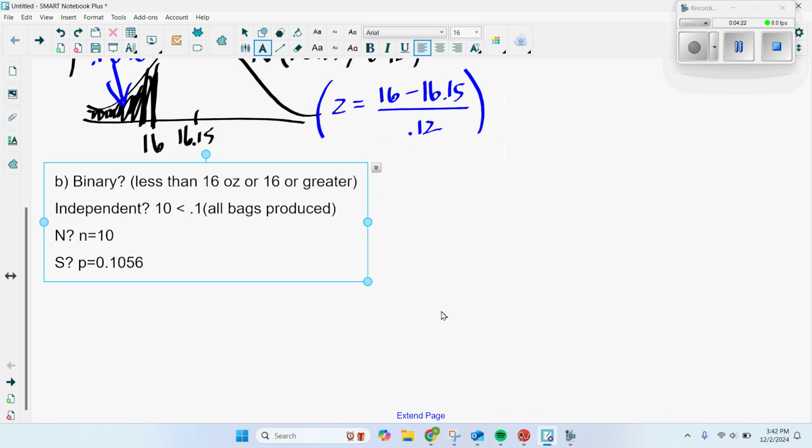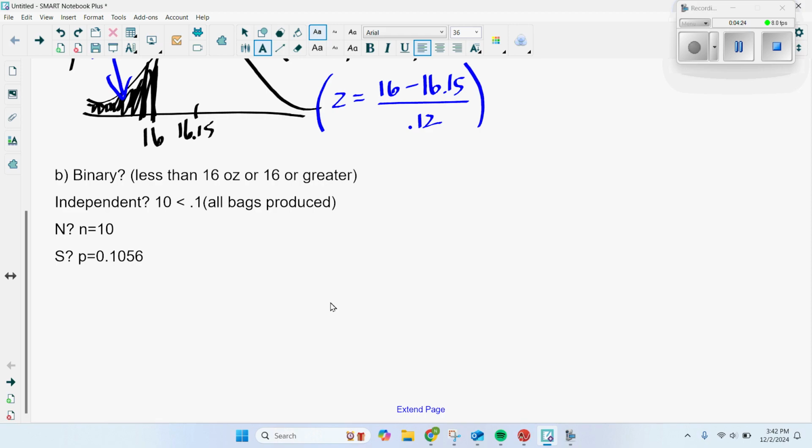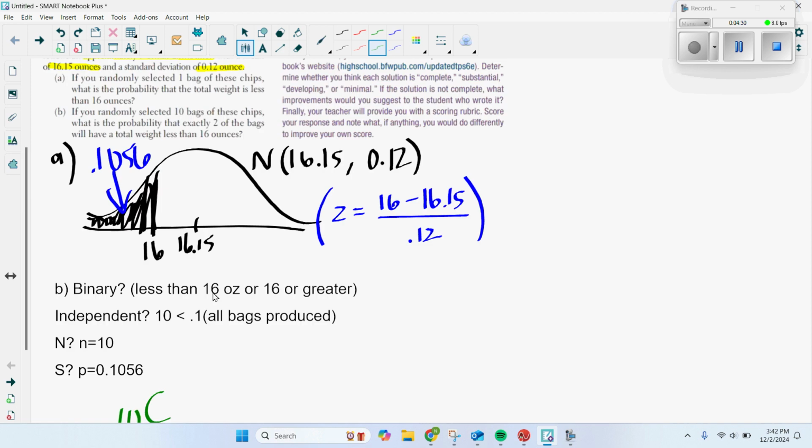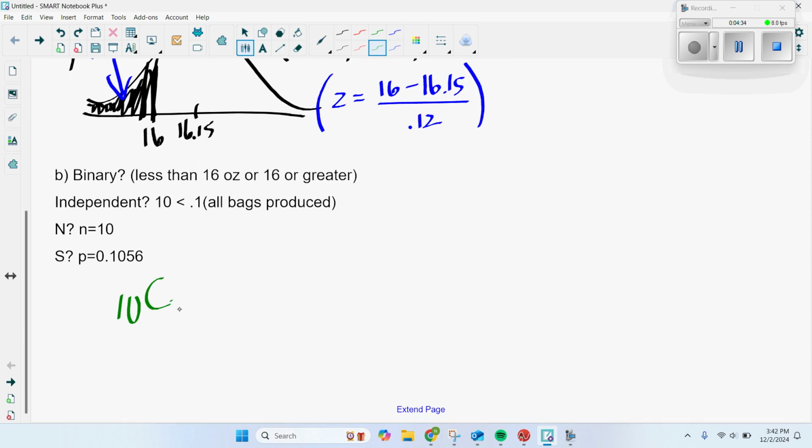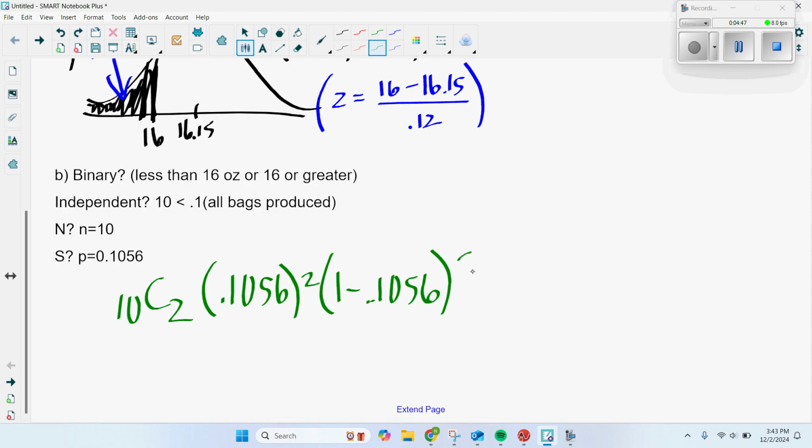So that means that I can actually find this probability. Remember, there are 2 ways to do this. You could use the formula, which would be 10 choose 2, since we wanted exactly 2. So 10 choose 2, and I would have the probability of success raised to the 2nd power, and the probability of failure raised to the 8th power, because if I have 2 successes, that means I have 8 failures.